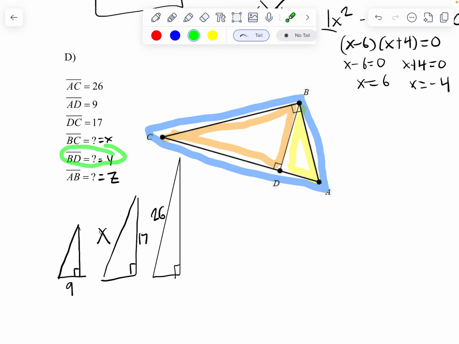Y is BD, which is this side, which you'll notice is two different triangles. It's the short leg of our orange triangle, and it's the long leg of our yellow triangle. So Y is the short leg of our orange, as well as the long leg of our yellow.